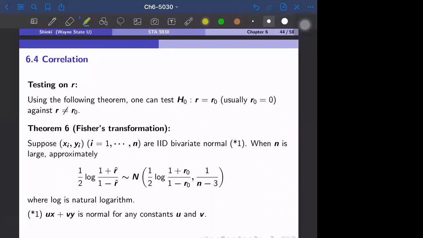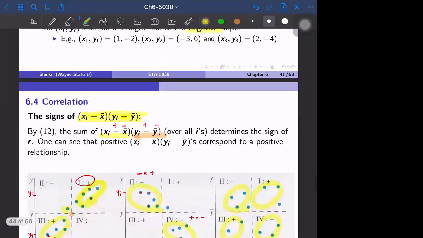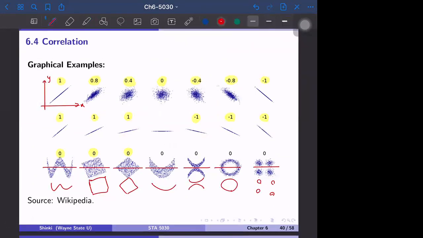Next, sometimes you want to see whether the correlation is significantly different from 0. For example, in this figure you can see 0.4. So X and Y have some relationship.